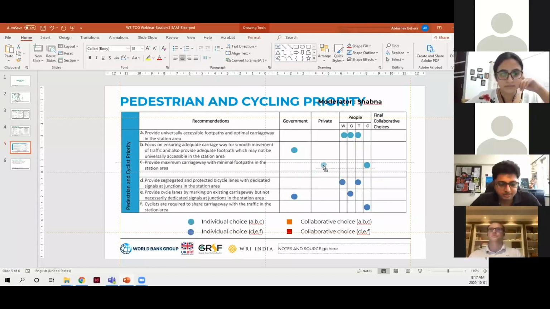So yes, provide maximum carriageway, because my development is all about leisure and luxury. And second, it's a little outside my own territory, so I'm okay with everybody sharing a street.